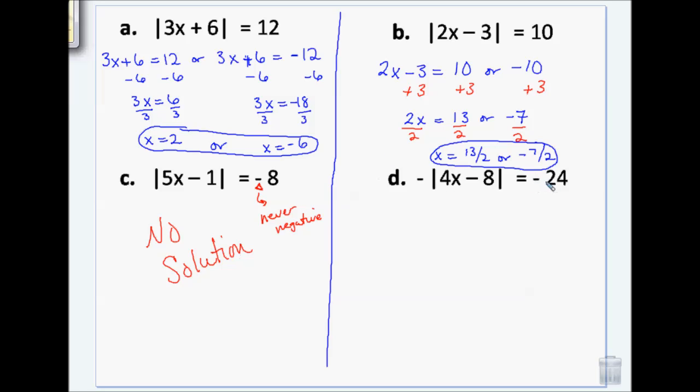Now here I have a negative 24, but see I have this negative out front and that negative right there. And so I'm essentially going to divide by negative 1, or I'm just going to change both signs. Because they're both negative, so I can change them to both being positive because basically, like I said, I'm dividing by negative 1.